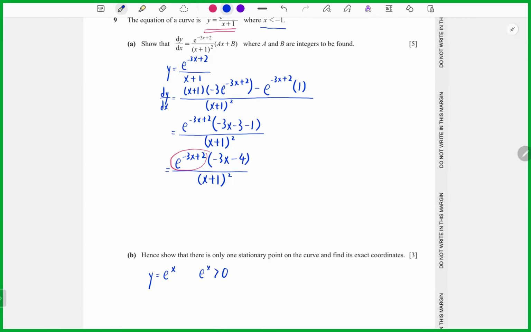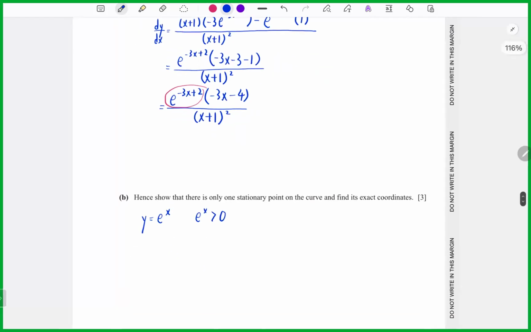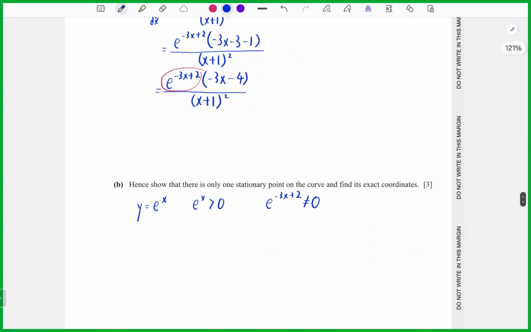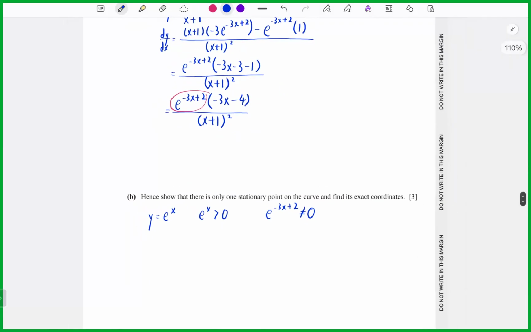It will not happen to be less than 0. So we know e to the negative 3x plus 2 cannot equal 0. And then we can try to find the exact coordinates. We already know dy/dx will not equal 0.